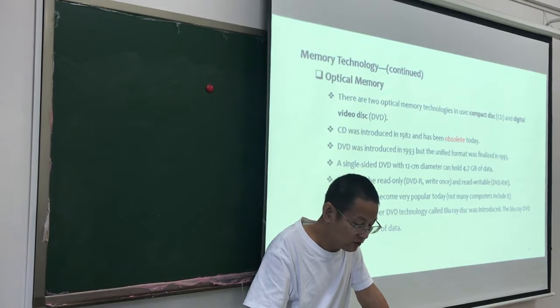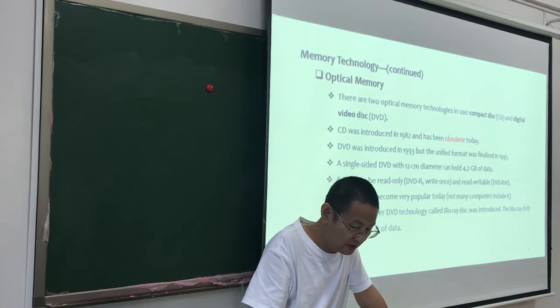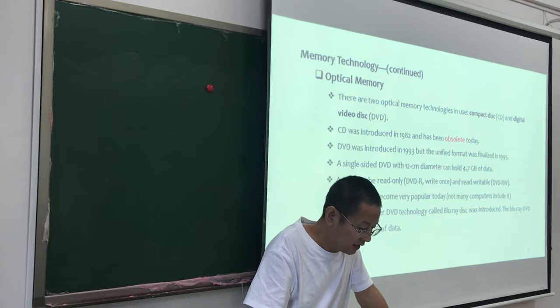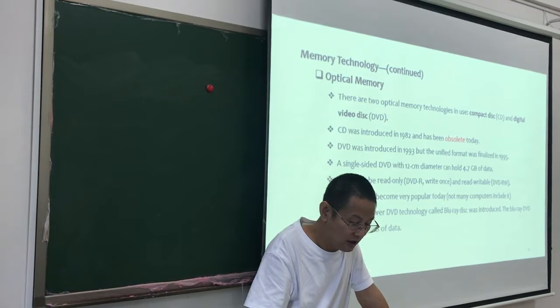DVD was introduced in 1993, but the unified format was finalized in 1995. A single-side DVD with 12 centimeter diameter can hold 4.7 GB of data. A DVD can be read-only or read-writable.